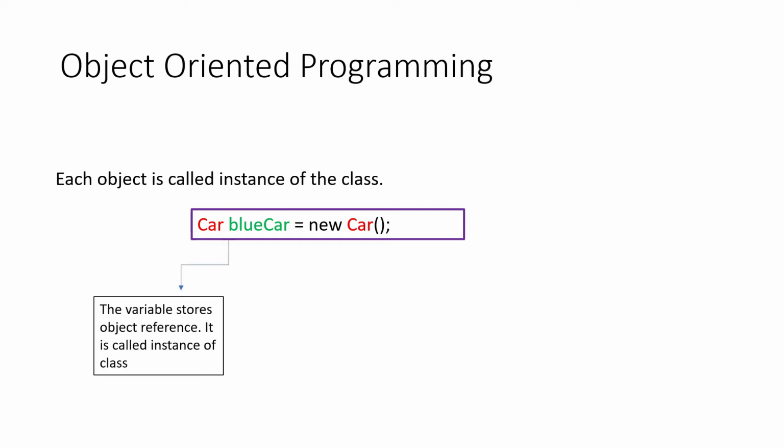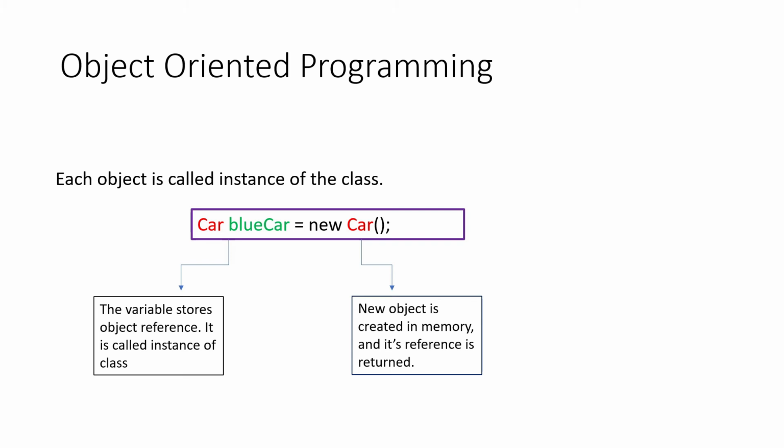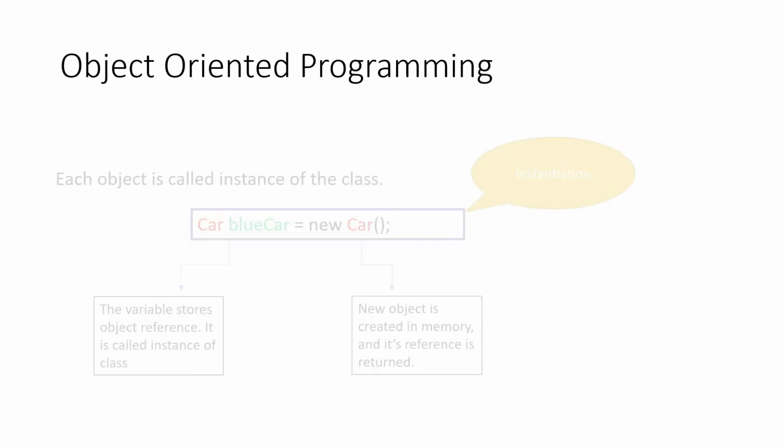The variable blue car stores the object reference. It is called an instance of the class. By using new car, a new object of class car is created in the memory, and its reference is returned to the variable blue car. Since we are creating a new instance of the class, we also call the process instantiation.